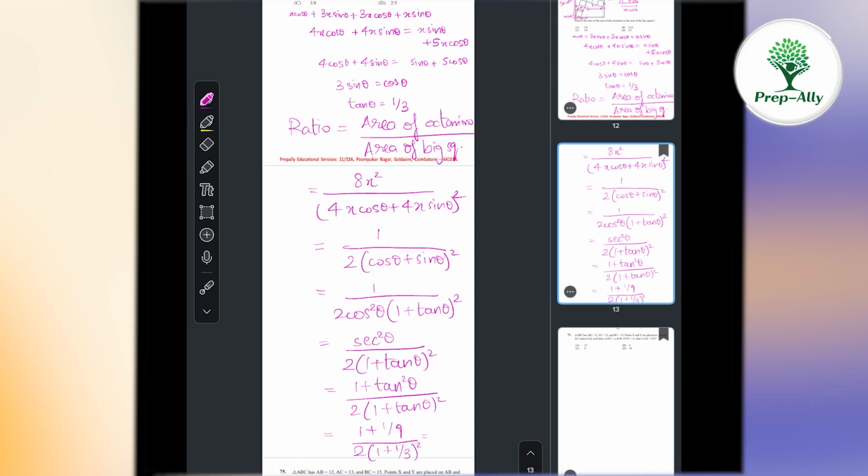So this equals 10 by 9 divided by 2 times 4 by 3 the whole square, that is 16 by 9. So this equals 5 by 16. So the answer to this question is option B, 5 by 16.